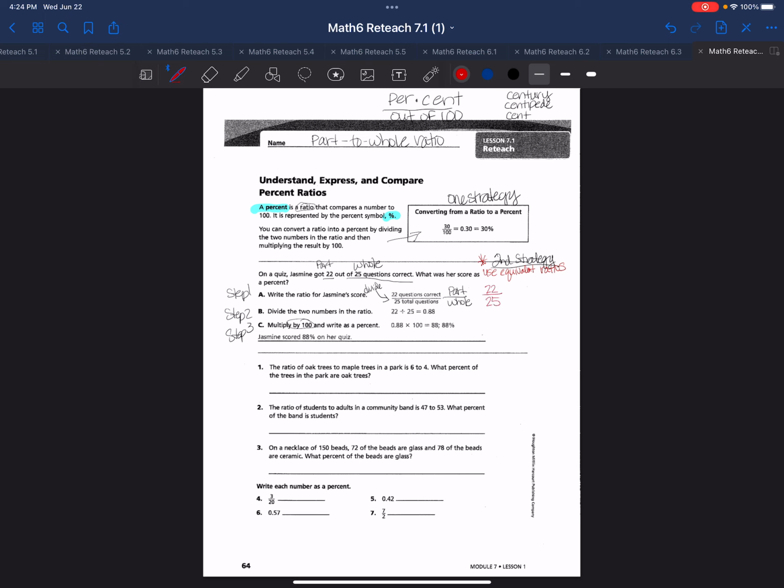What would I multiply 25 by to get 100? 25 times what is 100? 4. So what I do to the denominator, I must do to the numerator, and 22 times 4 is 88. So 88 over 100, that means out of 100, that would be the percent.